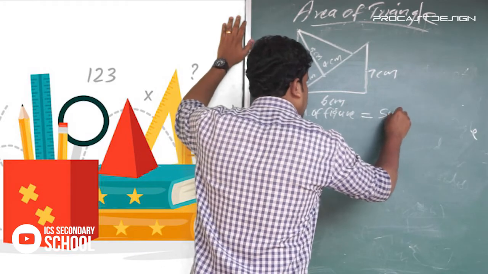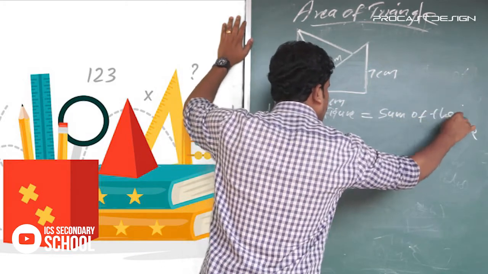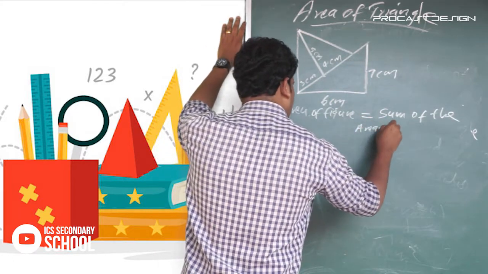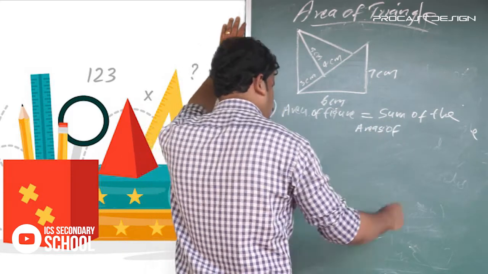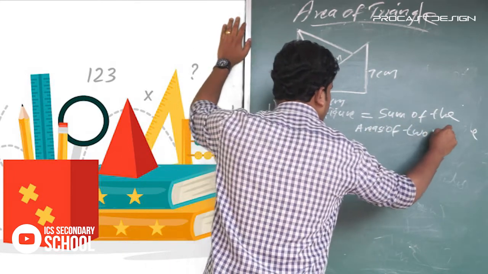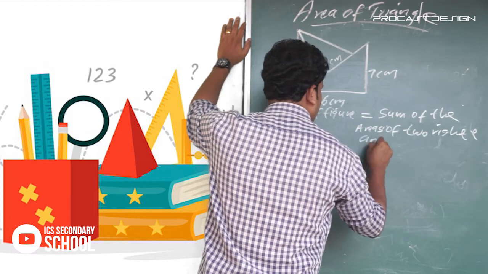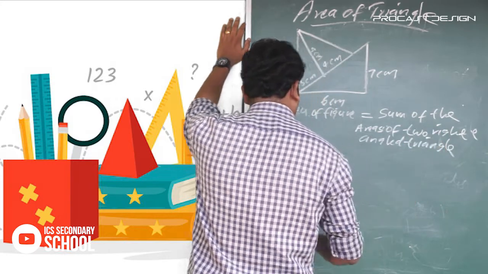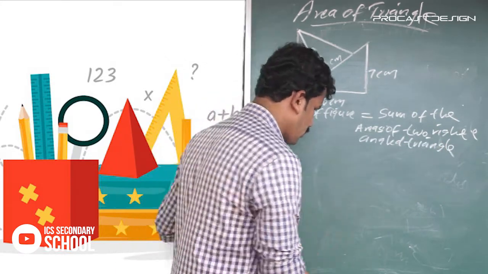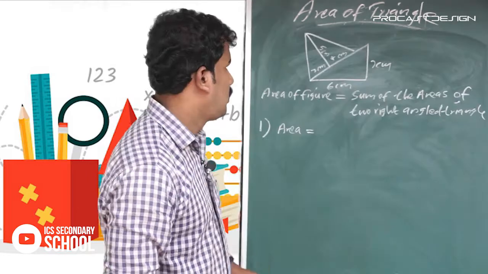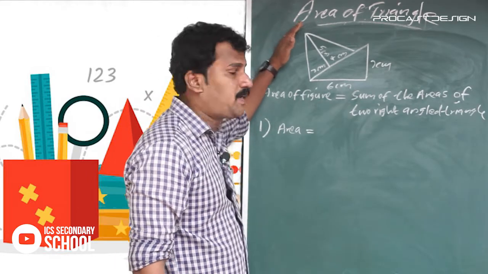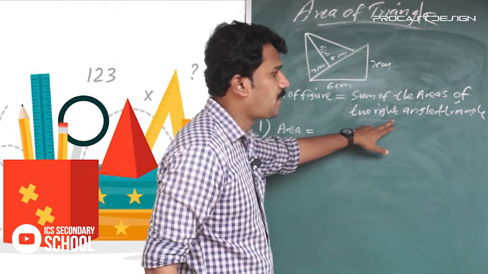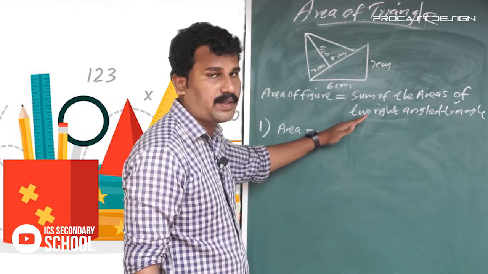The area of the figure means the sum of the areas of two right angle triangles.